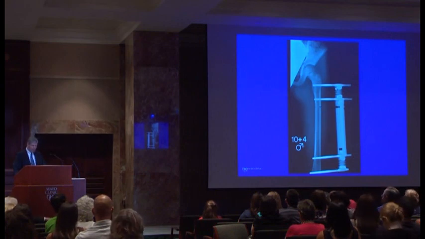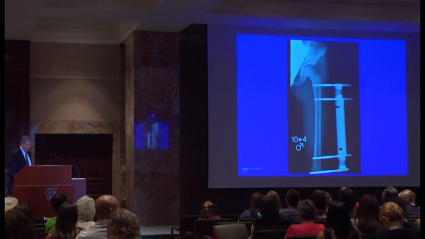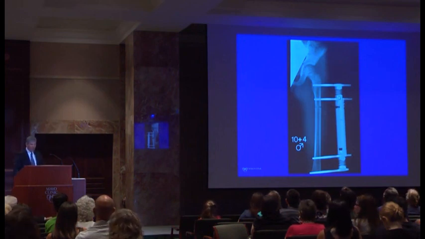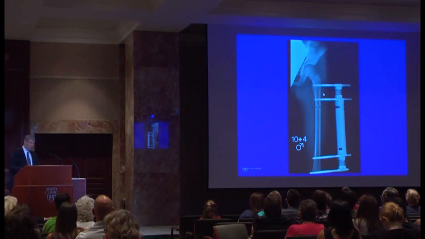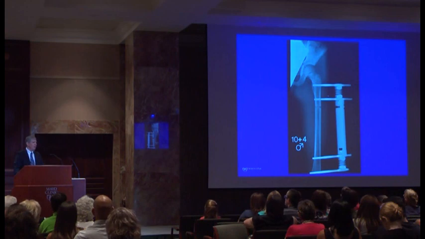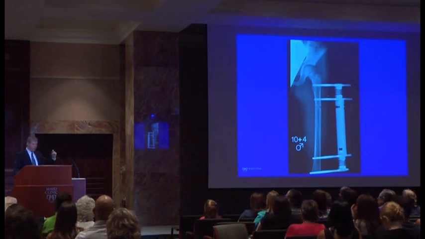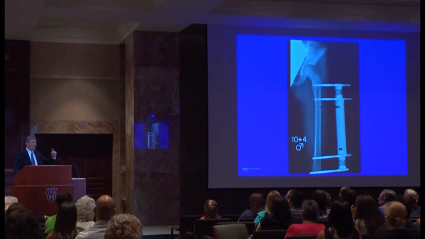And then this device, which sits out on the outside of the body, has a little crank on it, and every day we turn it and we lengthen, we pull those two pieces apart 1 millimeter a day. So if you had a 4 centimeter difference, which would be almost 2 inches, in 40 days you could get that much length back. 40 days, a month and a half.